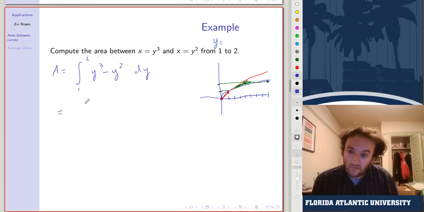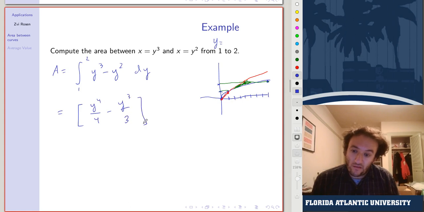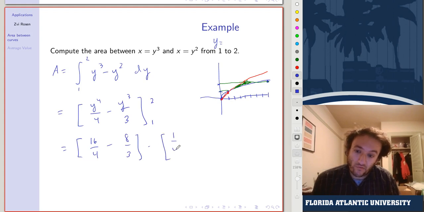And by application of the power rule, we get y to the 4th over 4 minus y cubed over 3, evaluated from 1 to 2, which gives us 2 to the 4th, or 16, divided by 4, minus 8 over 3, minus 1 over 4, minus 1 over 3.